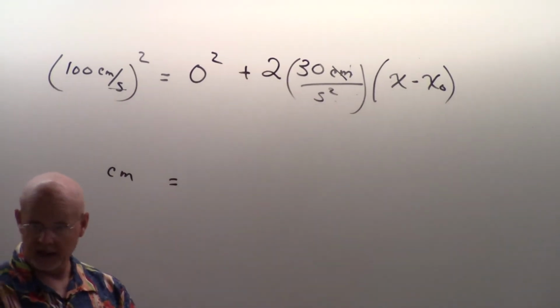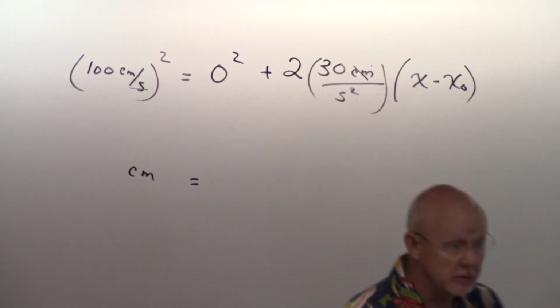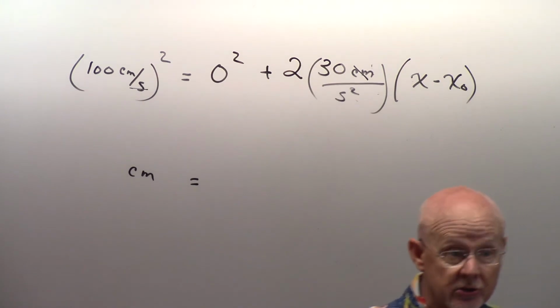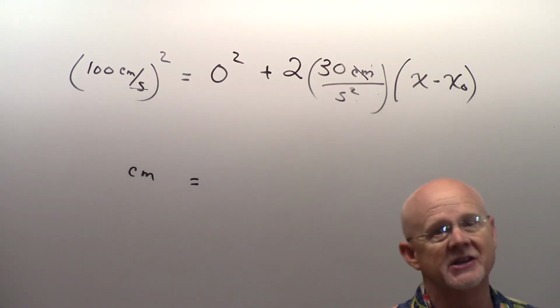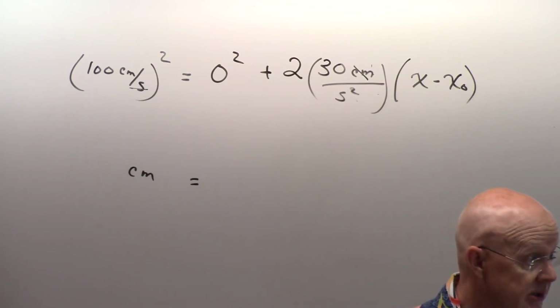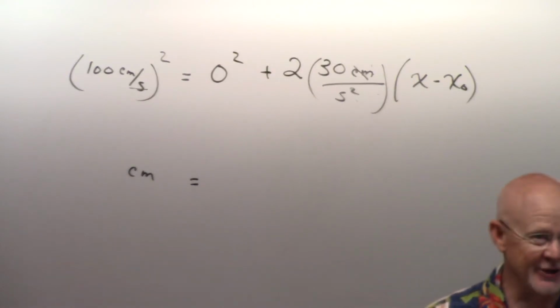Remember our unit analysis we talked about last time? We are asking a question, how far did it go? The units need to be centimeters or millimeters or meters or something like that. And if our units don't come out to be that, we've done something wrong. And so take advantage of the unit analysis. And so now I'm feeling good. Maybe I'm on the right path. The units are working right.